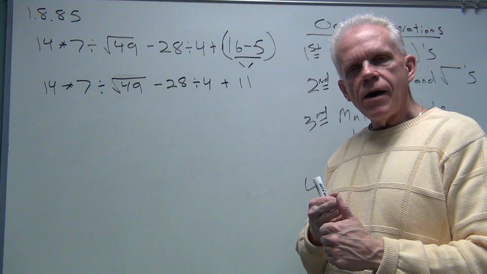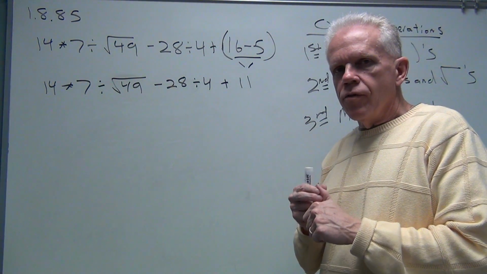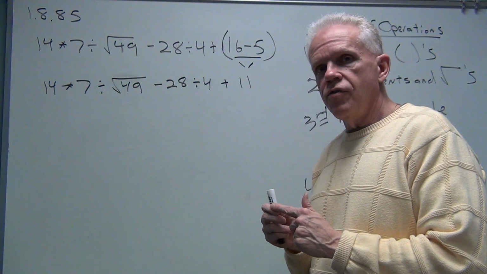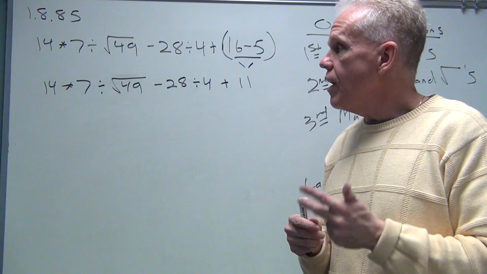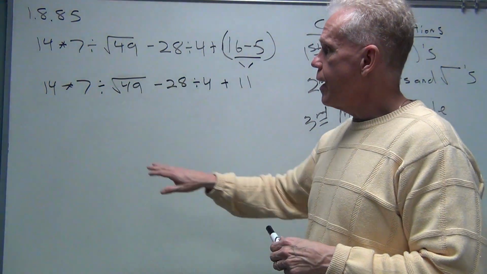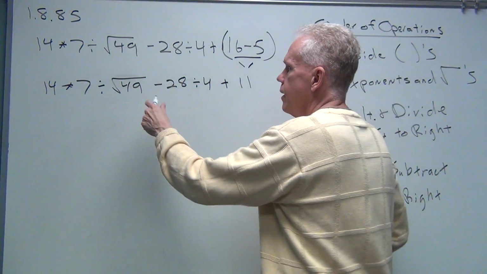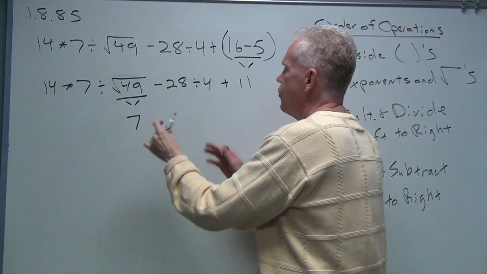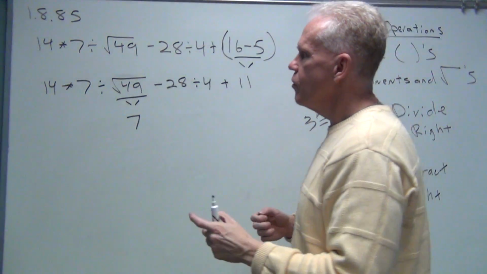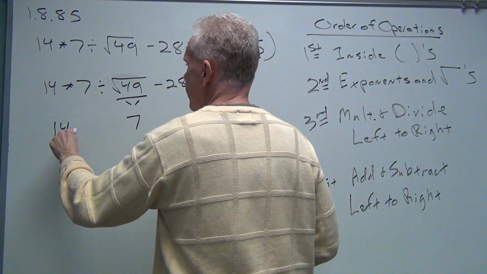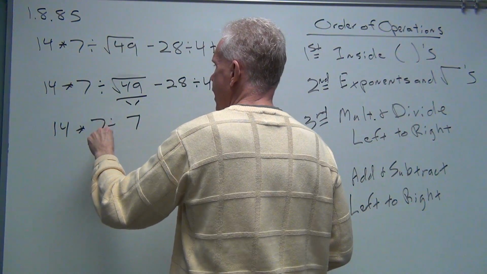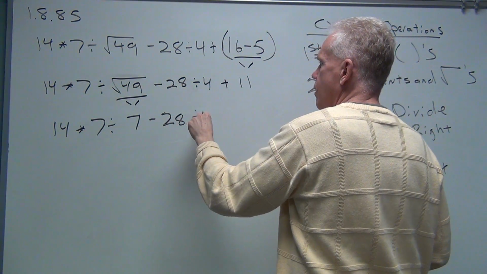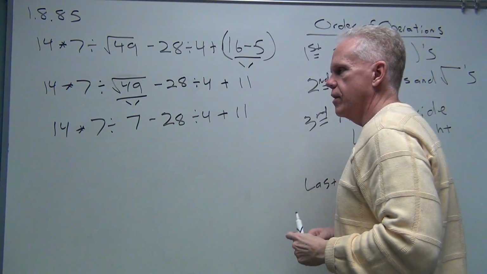So, 5 times 5 is 25, so the square root of 25 would be 5. 6 times 6 is 36, so the square root of 36 would be 6. 7 times 7 is 49, so the square root of 49, coming on to this step right here, is a 7. And I see no other exponents or square root symbols, so I'm going to recopy 14 times 7 divided by 7 minus 28 divided by 4 plus 11.